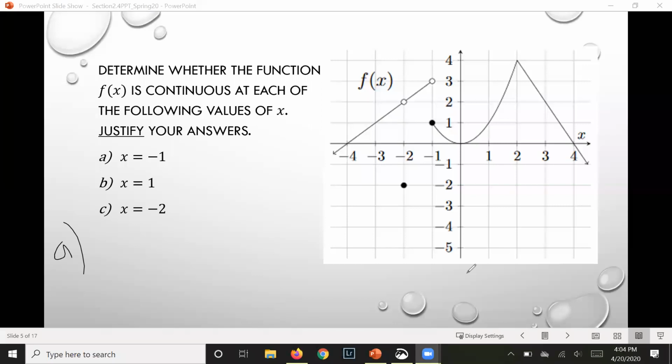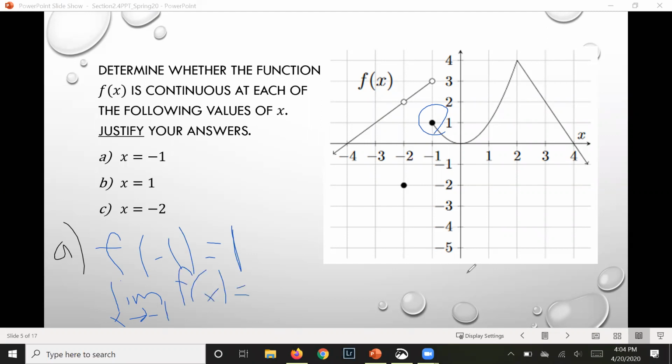The first one, does f of -1 exist? We're looking at the graph, it looks like it does, right? If we input -1, it looks like we get an output of 1, so that's good. What about the limit as x approaches -1 of f of x?